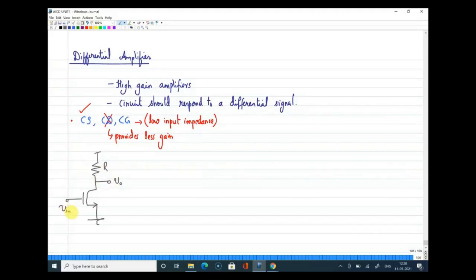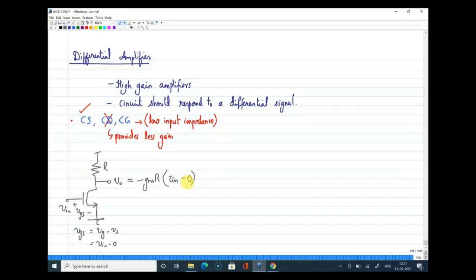Now this V in is actually measured between gate and source, that is VGS basically, and I'll write VGS as VG minus VS, where VG is V in and VS is 0. Right. Now, how will I write V naught in this case? V naught is equal to minus gm R into VGS, or I will write minus gm R into V in minus 0.